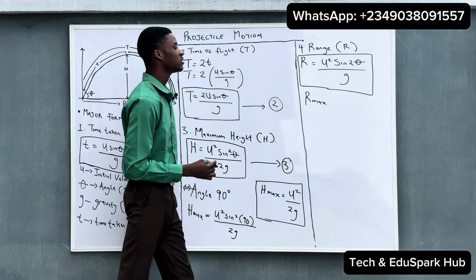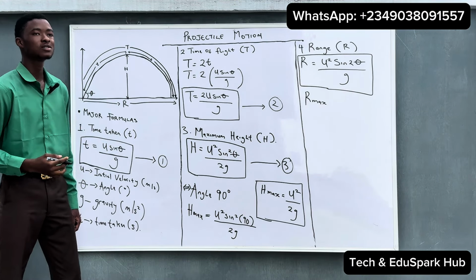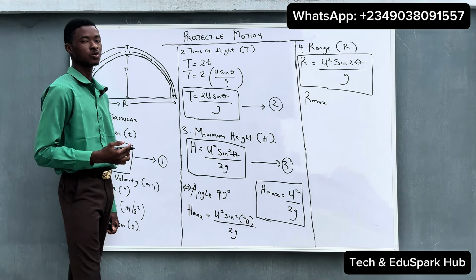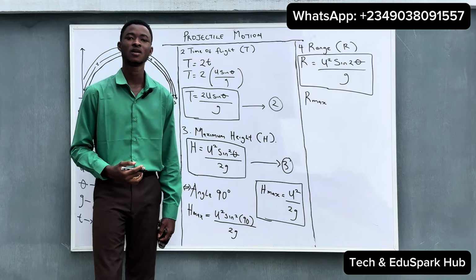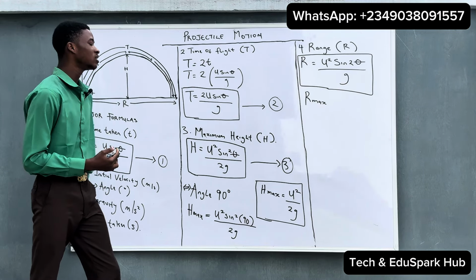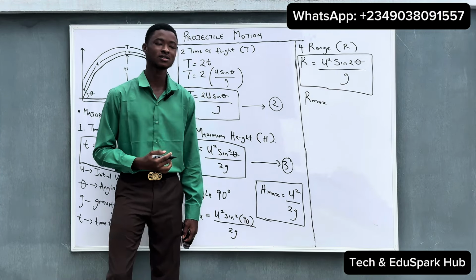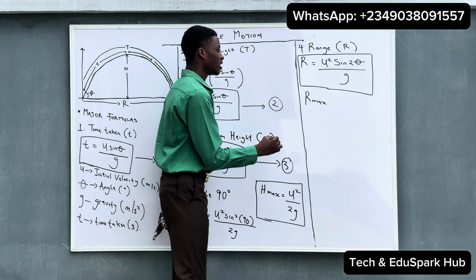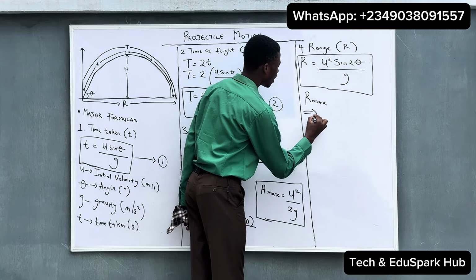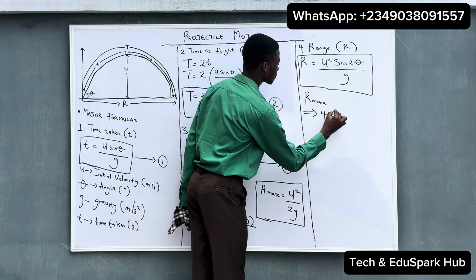For the R max, they always ask at what angle a body must be projected to reach the maximum horizontal range. To get this R max, the body must be projected at an angle of 45 degrees.